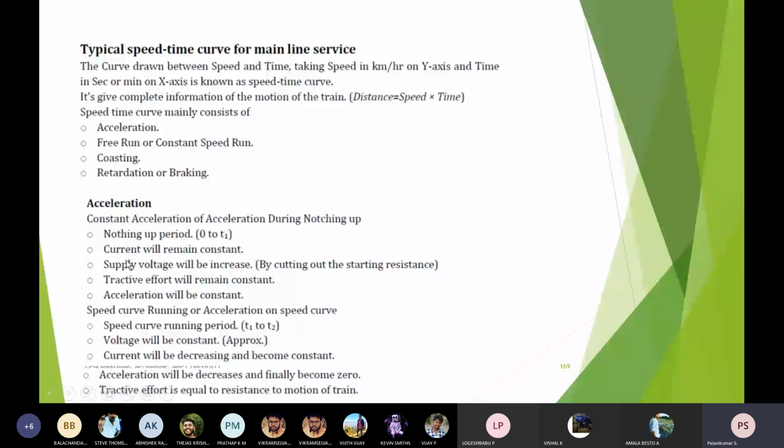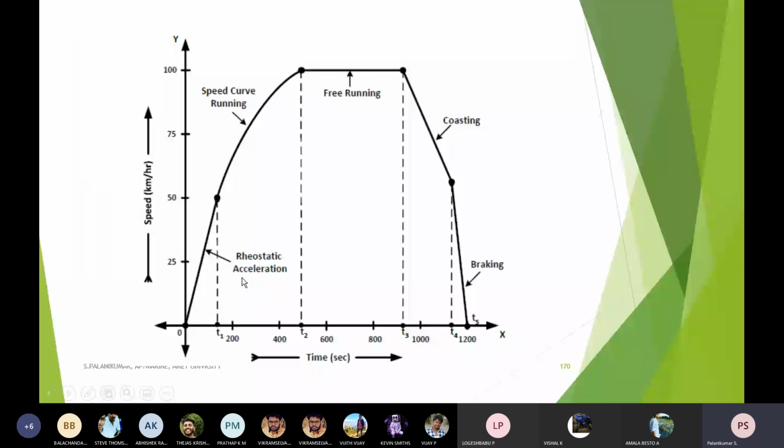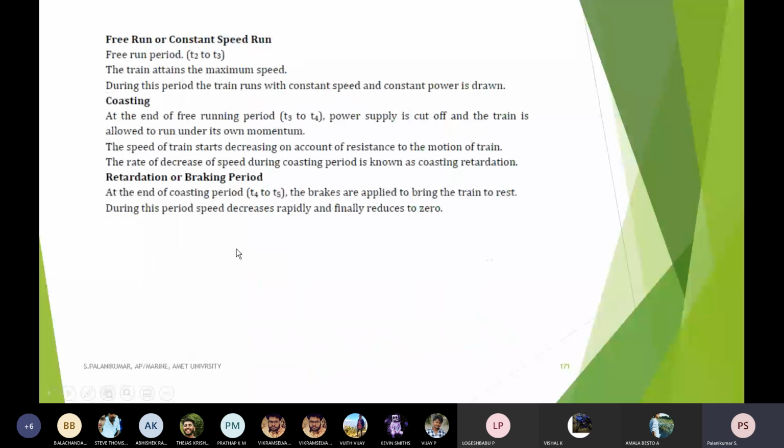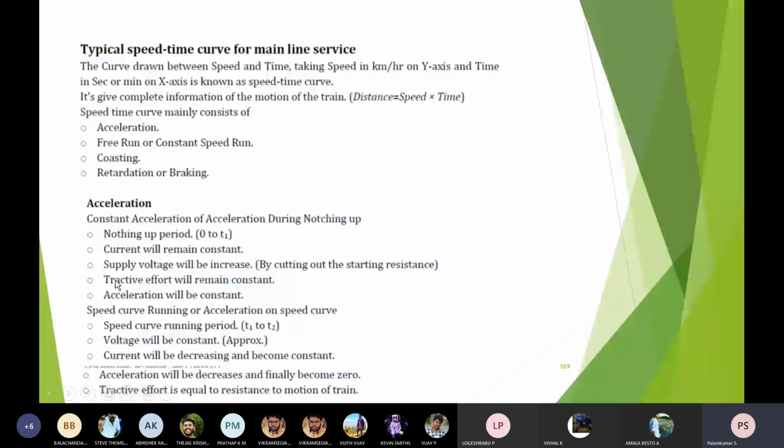Then the current will remain constant while the supply voltage increases. How are we going to increase the acceleration in electric traction? The current the engine draws will be the same, but by adjusting the firing angle of a rectifier arrangement, we keep on increasing the voltage. That is why the supply voltage will be increasing, and the tractive effort will remain constant.